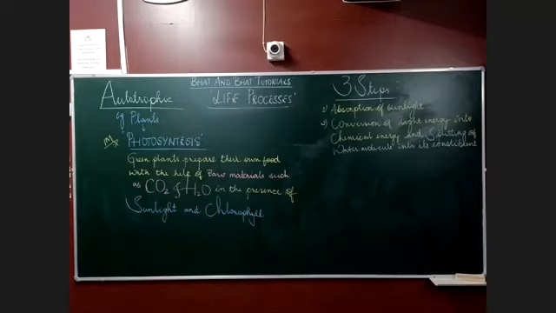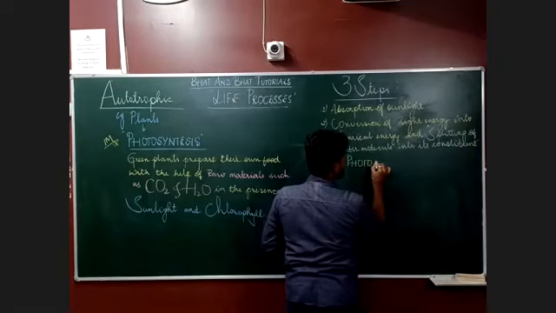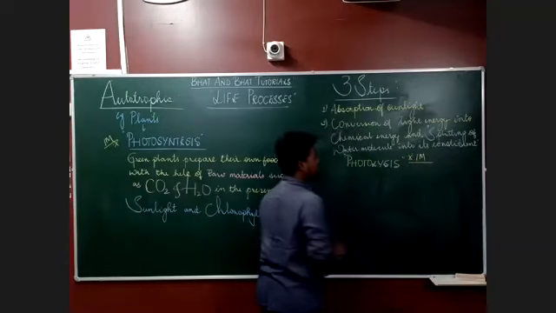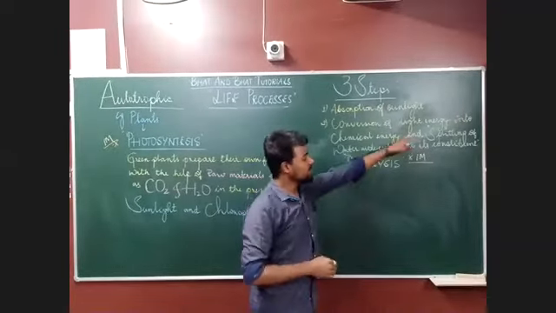This splitting of water molecule into its constituents, together we call photolysis. It is very important for 1 mark. Define photolysis: it is the splitting of water molecule into its constituents.